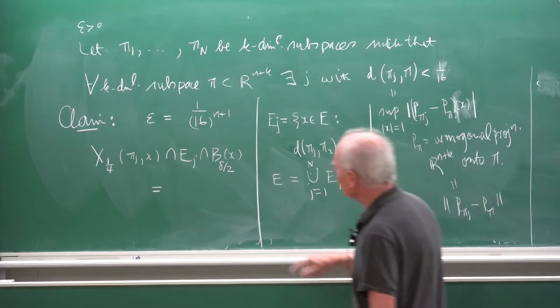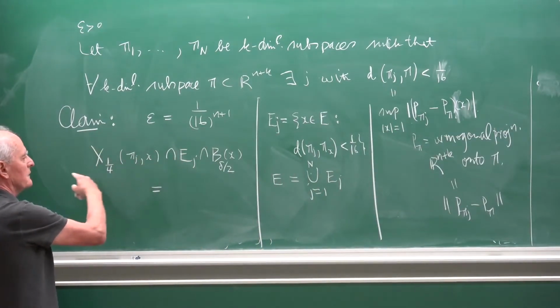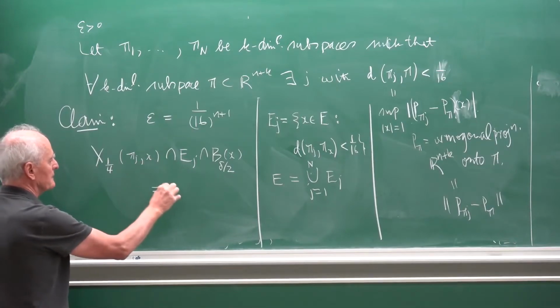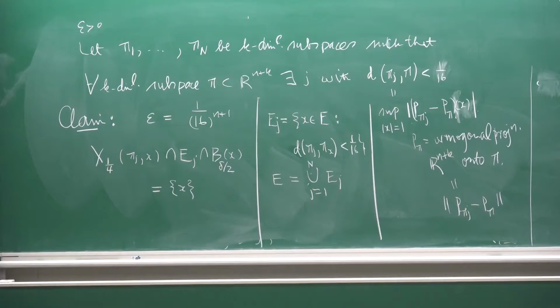The claim is that that set does not intersect this cone at all except at the vertex x. Now that's far from obvious, but that's the claim. That's the main step of the proof.